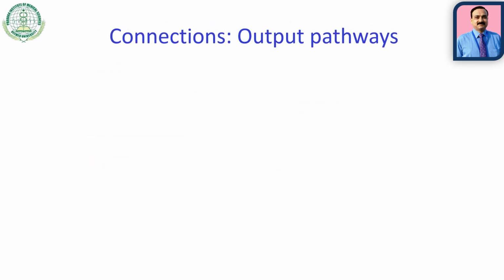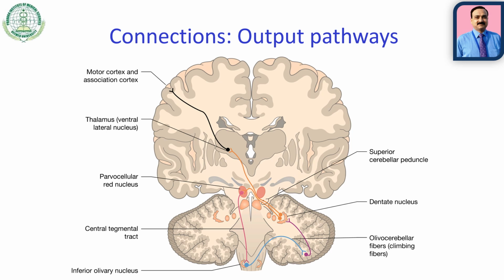Now output pathways. Again here you can make out the output pathways. They are through superior cerebellar peduncle, that is from dentate nucleus through red nucleus to thalamus and to the motor cortex and association cortex.